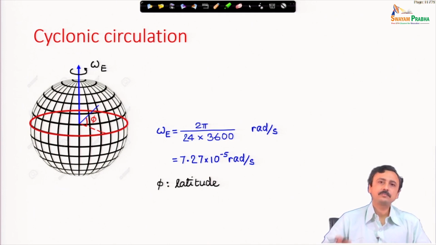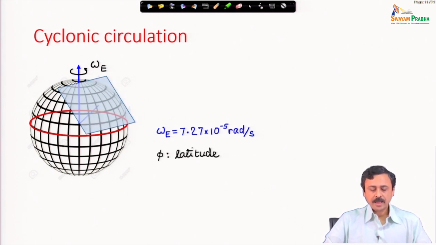Equator being 0, it goes up to 90 degrees for the north pole, minus 90 degrees for the south pole. I consider a plane which is tangent to the point under consideration, that point on the surface of the earth at a latitude phi, tangent to the earth.